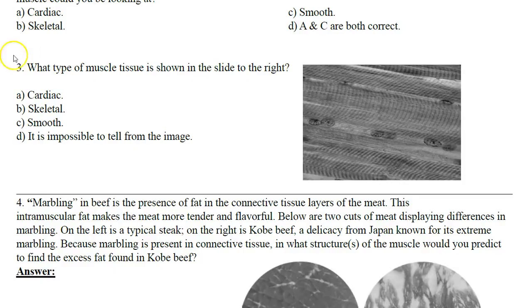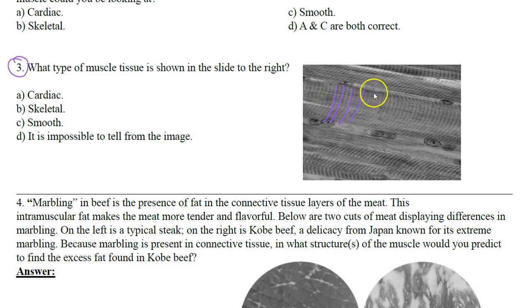All right, folks, let's go ahead and get into a single worksheet example based on what we've learned thus far. I'm going to focus on number 3. What type of muscle tissue is shown in the slide to the right? It's asking, is it cardiac, skeletal, smooth, or too impossible to tell? Now, remember, we just went over the 3 muscle tissue types. What do I notice here? I see a pattern.